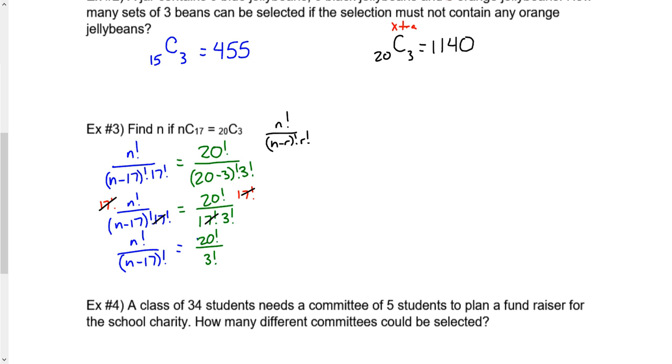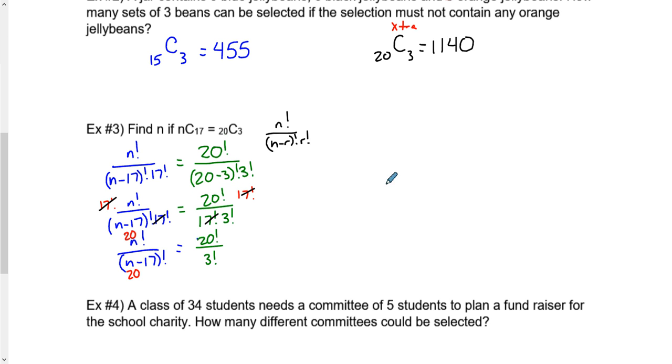And now we kind of get to the question of asking, well, let's use some common sense here. What numbers can we use to make them equivalent? So basically, what number subtract 17 would be the same as 3? Well, the only option would be 20.